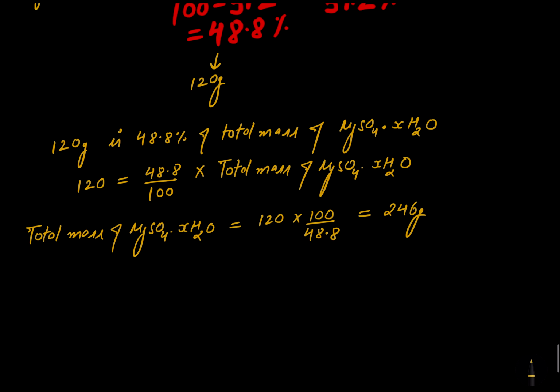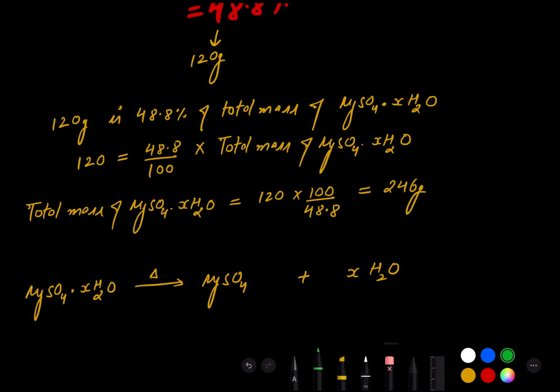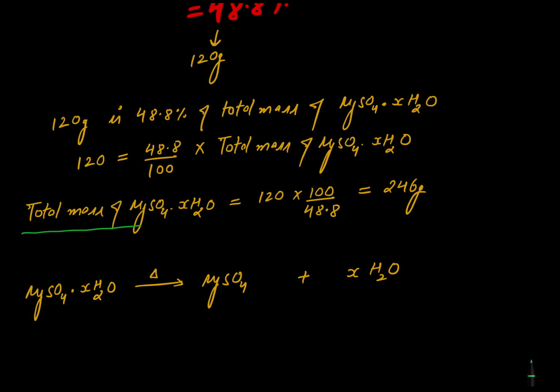So I'm again writing the reaction. I'm writing magnesium sulfate dot XH2O on heating gives MgSO4 plus XH2O. Now I got the total mass of magnesium sulfate dot XH2O to be 246 gram. That means this is 246 grams. What's the weight of magnesium sulfate?